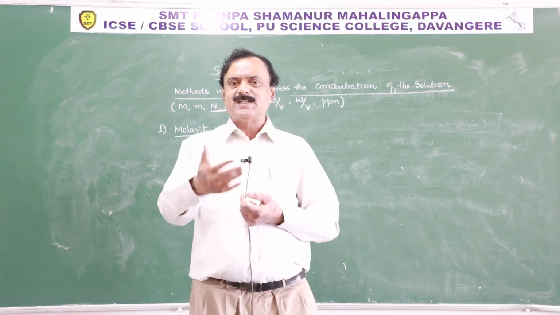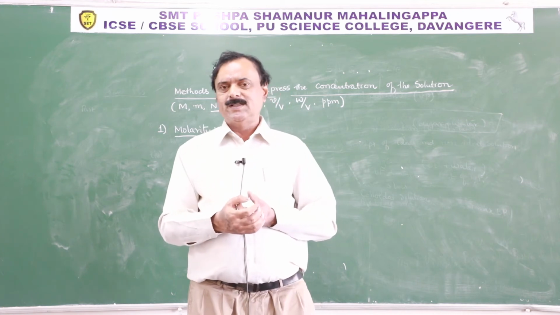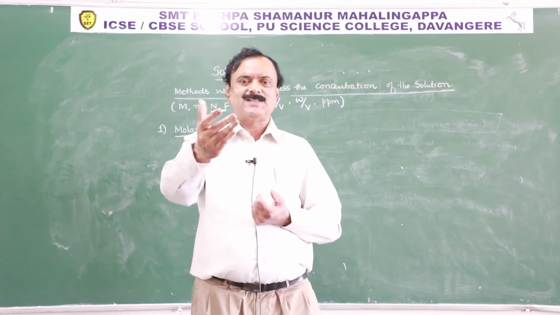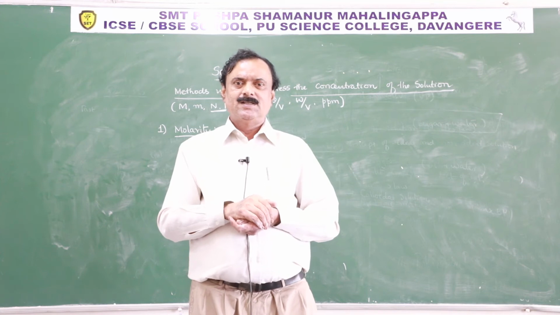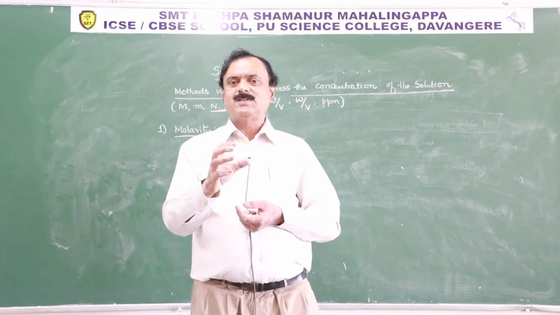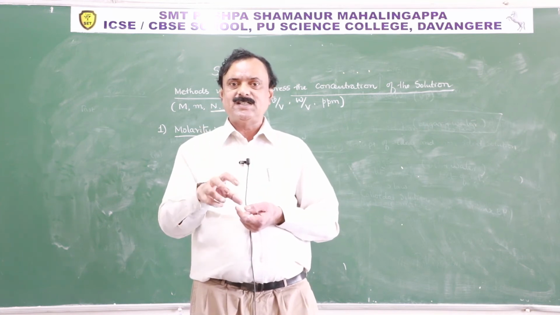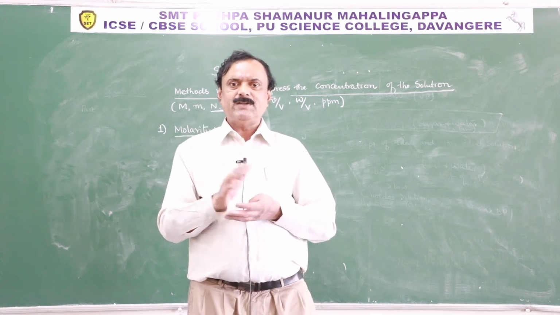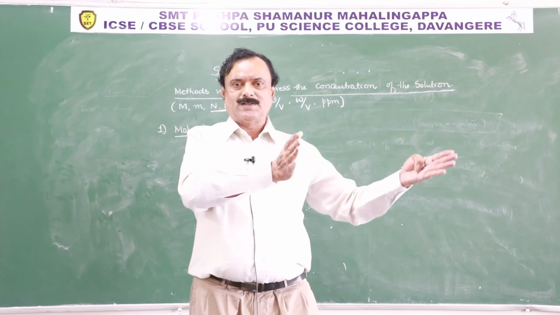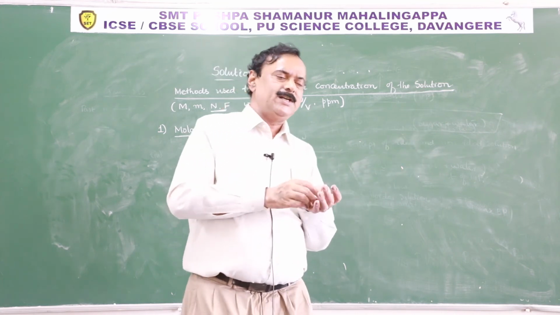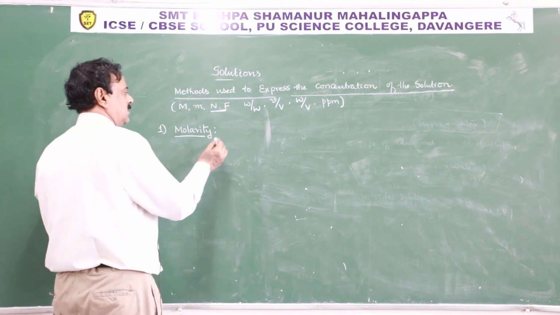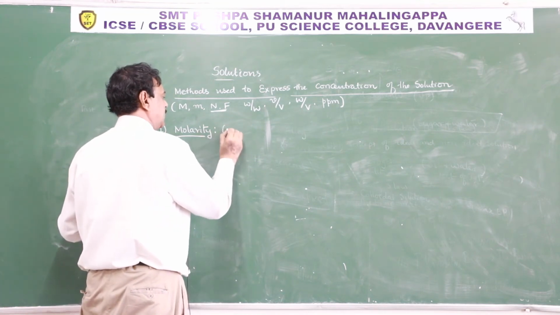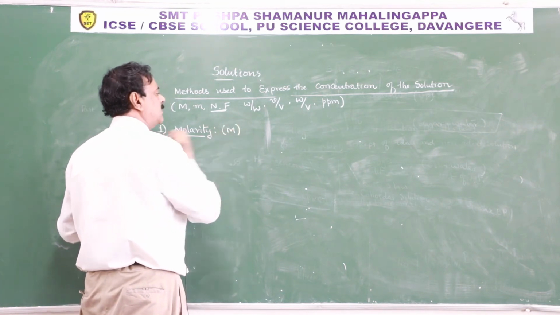When it is expressed in grams, it is called gram molecular mass of the substance. When the gram molecular mass of the substance is present in a given volume of the solution, we call it a molar solution. Molarity of the solution is denoted by capital letter M.